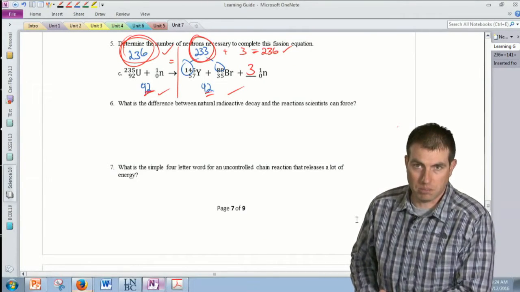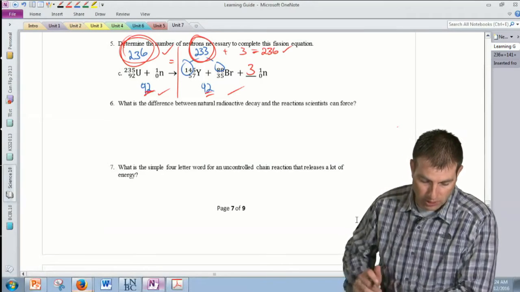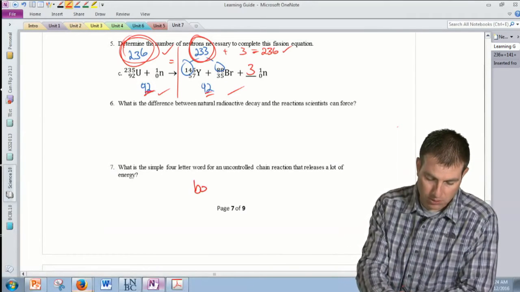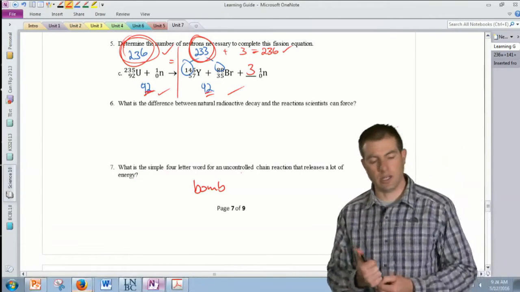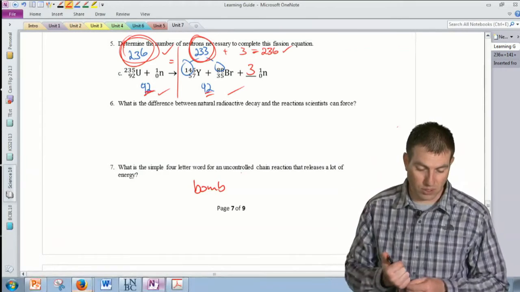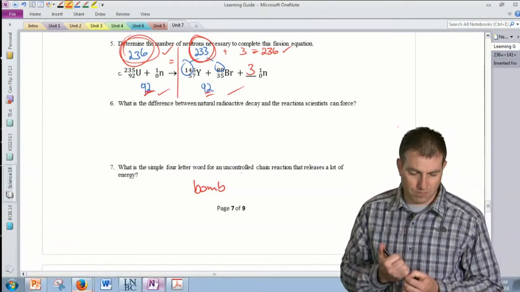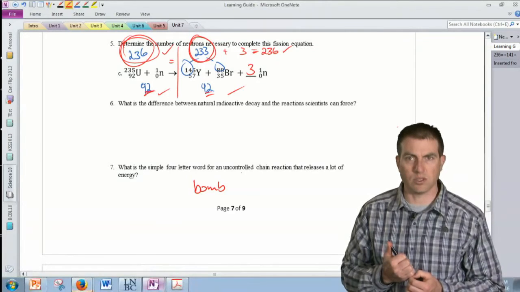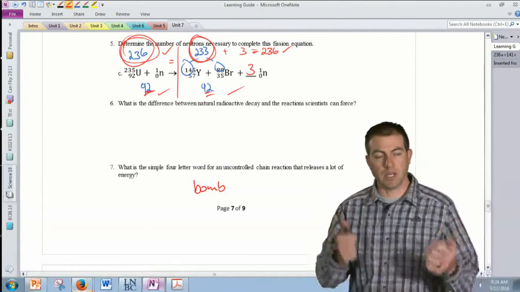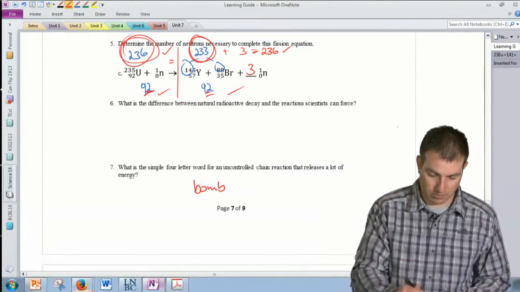I'm drawing a blank here. Bomb? Sure. I was thinking like boom. But bomb makes sense. If we have an uncontrolled chain reaction that releases a lot of energy, that's an explosion, but that's more than 4 letters. So I'm not really sure what that question is getting at. But if you get to the end and had to look it up, then that's fine.